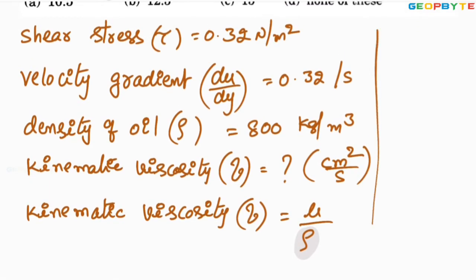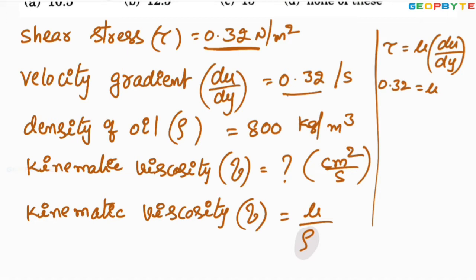As we know, the shear stress tau equal to mu into du by dy according to Newtonian law of fluid. What is the tau value? 0.32. Mu into du by dy, that is the velocity gradient, also 0.32.